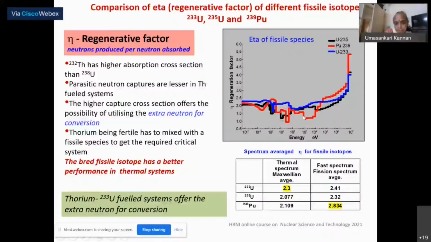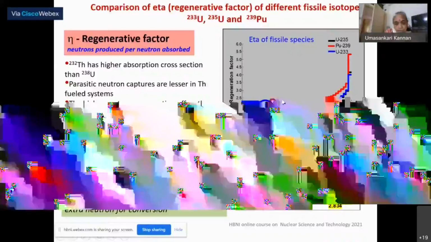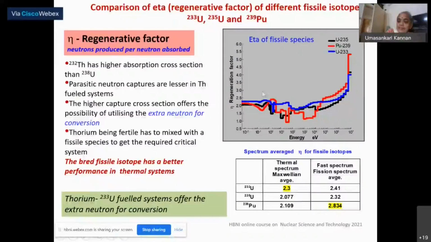This is the eta I have plotted as a function of energy. The blue curve is uranium-233, which is almost constant over all the energy ranges. The red curve is plutonium-239, which seems to perform better in the fast energy regions. And uranium-235 is better for the thermal spectrum.